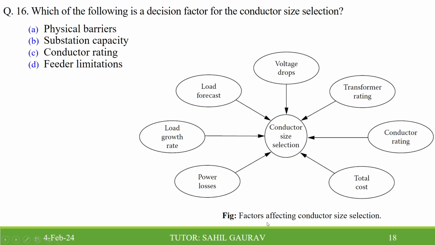You can see the different factors affecting conductor size selection. Conductor rating affects the conductor size, so C is the correct option. Others are incorrect. Physical barriers and substation capacity have nothing to do with conductor size selection. Feeder limitations also have no relation. Conductor rating is one of the decision criteria.